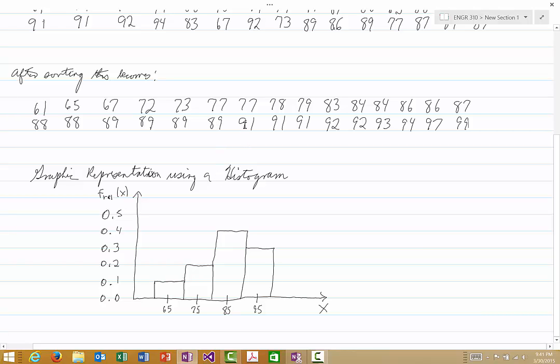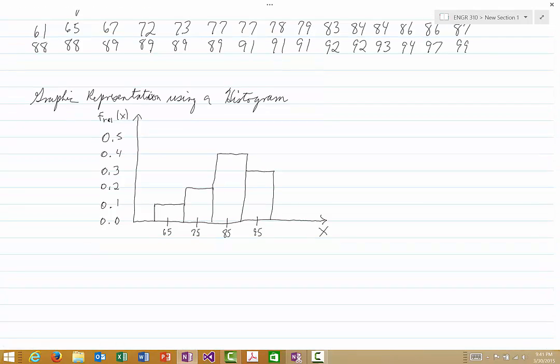And then finally, we have 1, 2, 3, 4, 5, 6, 7, 8, 9. 9 of the 30 values, or 30% of the values, fall between 90 and 100. And so that's why we have a relative frequency here of 0.3 for the range centered about 95. And so that's the example of the use of a histogram to represent data.